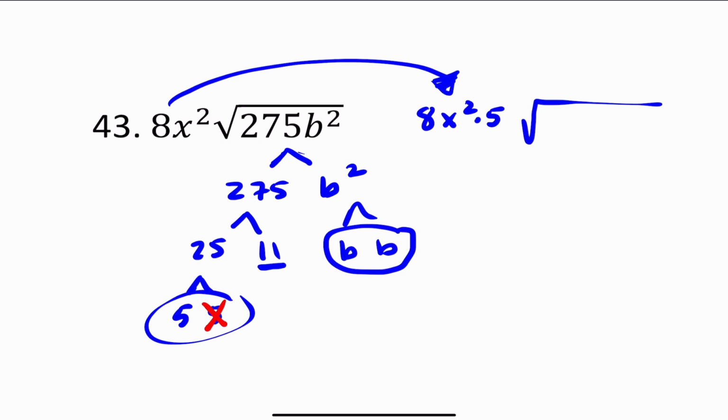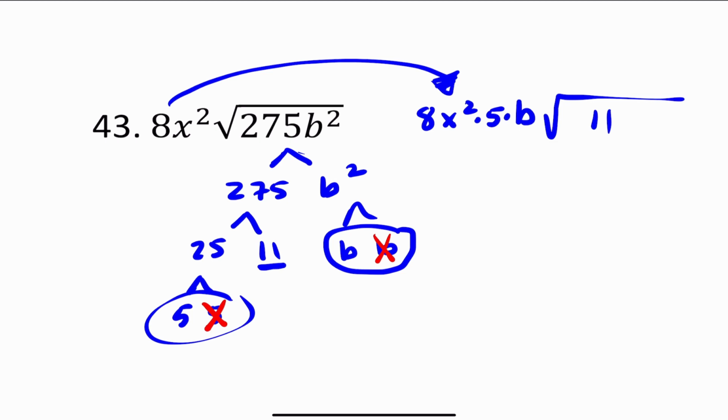So again, since I have a pair of b's, one of them is going to get eliminated, and the other is going to come outside of the square root. So I have b there. And then this 11, our prime number, is going to remain inside. Okay, so I have 8x squared times 5 times b.